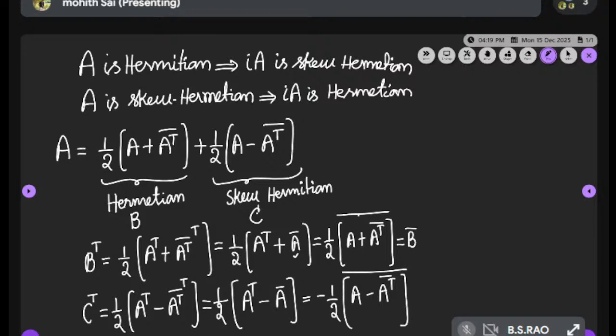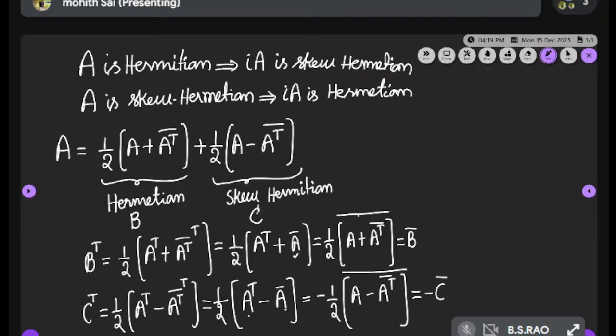If you apply the conjugate, A conjugate is there, and A transpose conjugate whole conjugate is A transpose, with the minus inside. You get the same. So this is equal to minus C conjugate.